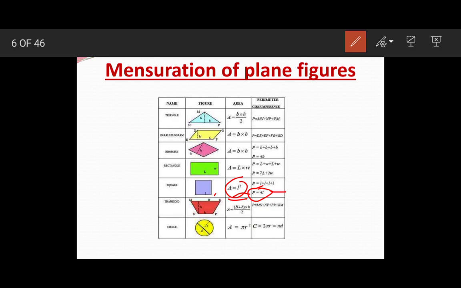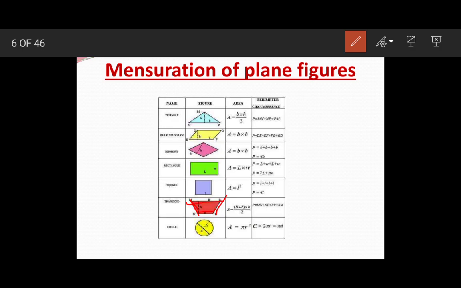Then trapezoid. The area formula is 1 upon 2 into the sum of parallel sides into H. Then perimeter is the sum of all the sides, so MN plus NP plus PR plus RM.